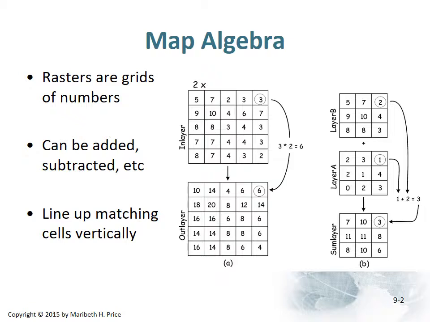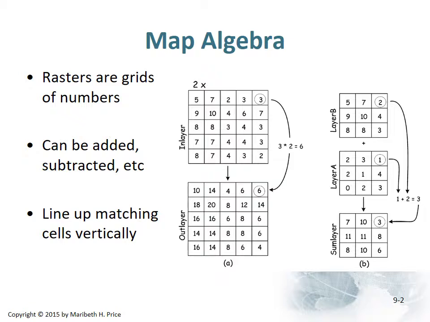The example on the right is if we have 2 input grids, A and B, and we simply add them together. We add the values together. So it's layer A plus layer B, raster A plus raster B, however you want to think about it.